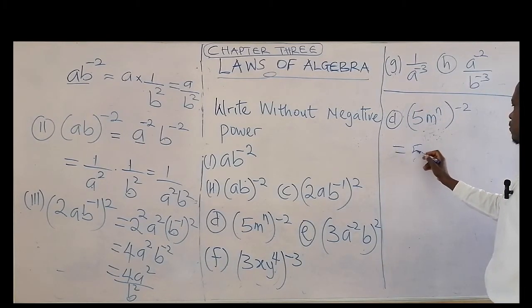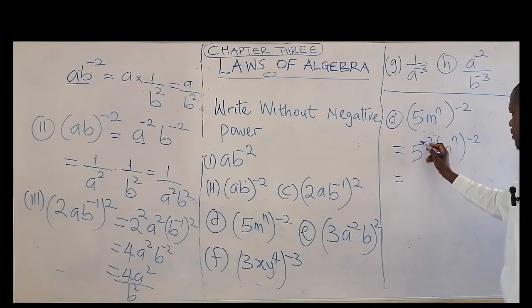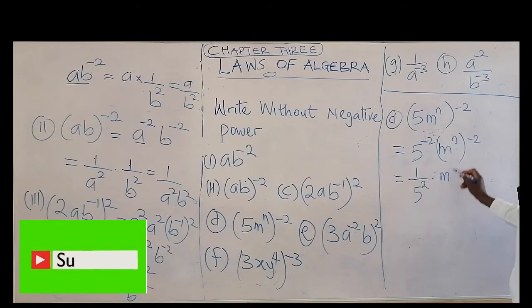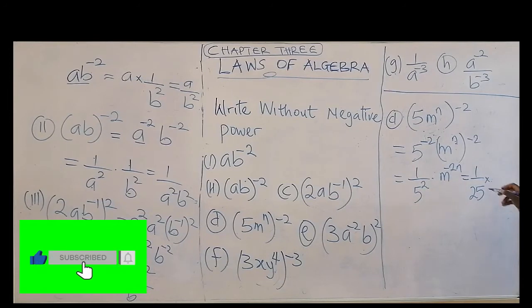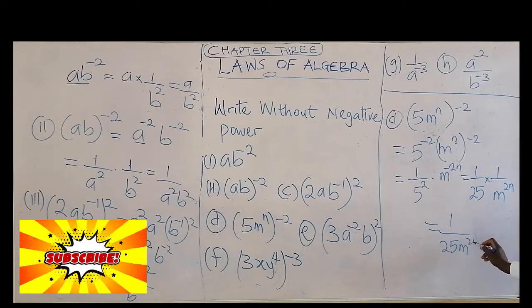So this is equal to, I've told us the meaning of minus exponent, that's 1 over 5 to the power 2 times m to the power 2 times n to the power 2, so this is equal to 1 over 25 times this minus, 1 over m squared n squared. So the answer is also 1 over 25 m squared n squared.